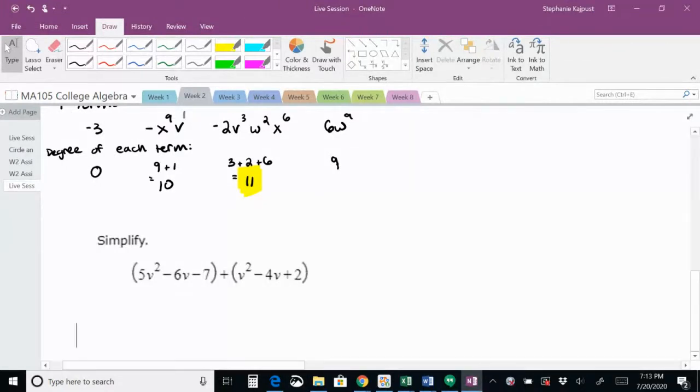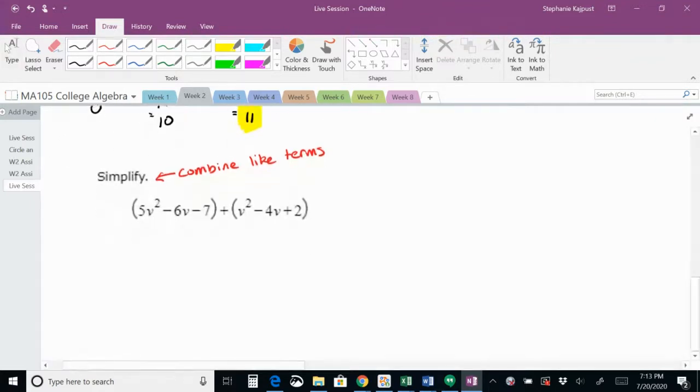If it says simplify, it just means you're going to be combining like terms. That's what that means. And when you have an addition problem with polynomials, you can just ignore all the parentheses. They're only there to indicate we have 2 polynomials, but they're not needed because there's no numbers in front of them.